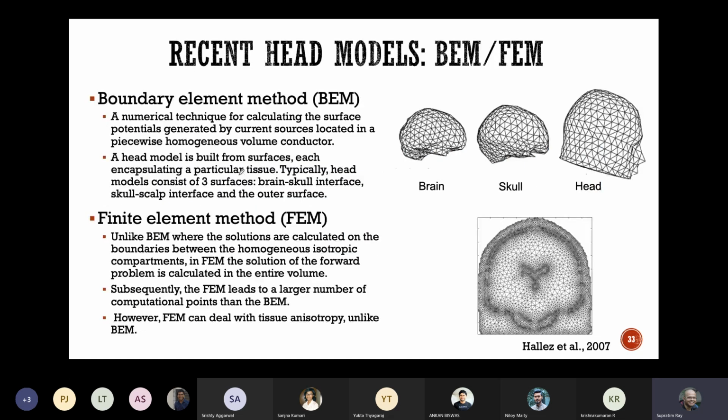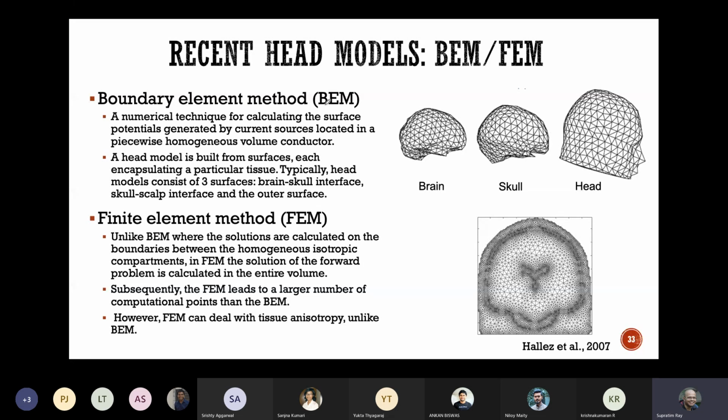Nowadays, what people do is as follows. You say, okay, I'm going to have a model of the brain, a model of the skull, and a model of the head. And for these three tissues, which have different conductivities, I'm going to parcel it into small surfaces.